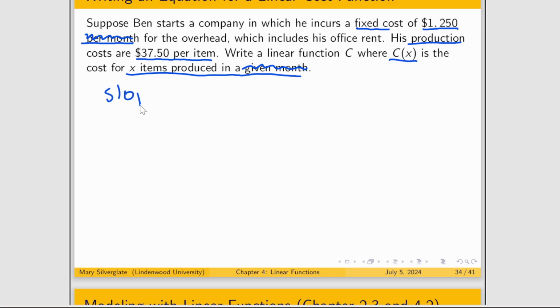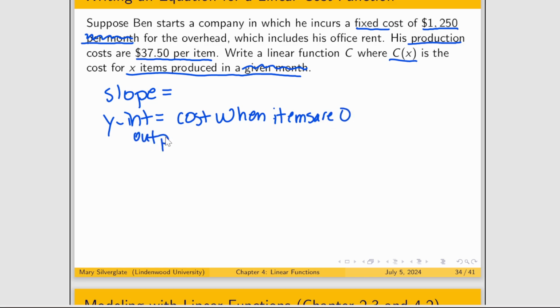And now we want to think if they gave us a slope and a y-intercept explicitly. Since we're dealing with a y-intercept here, y in this case means cost. So we're looking at the cost when, and what's our input? Our items are 0, because our y-intercept is always our output when the input is 0.